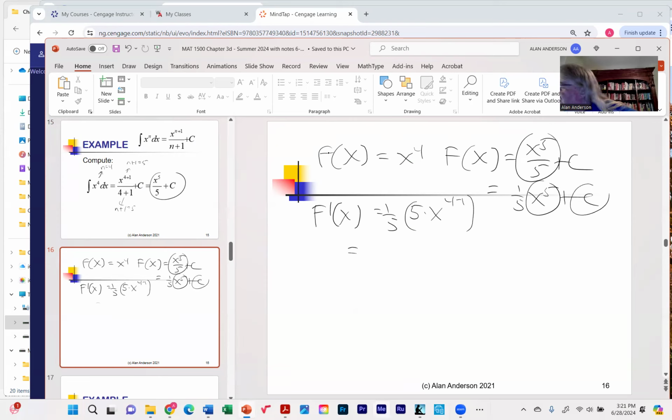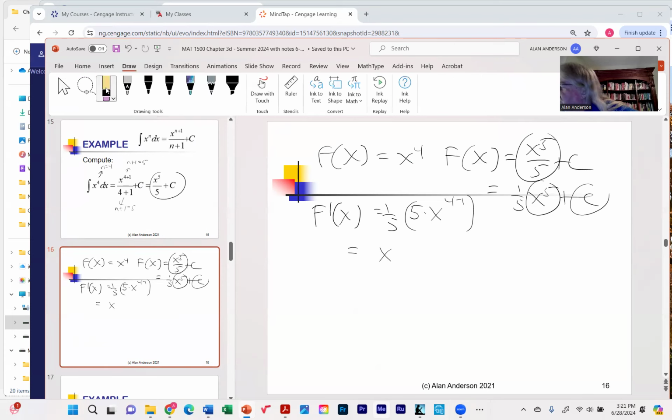We won't have to worry about it. So what did I do? I did something wrong here. This is supposed to be n minus 1. Sorry. There we go. So it's x, these cancel out, to the 4th.